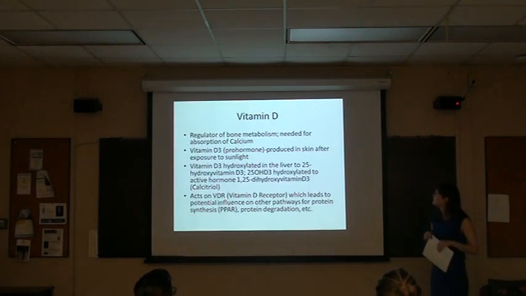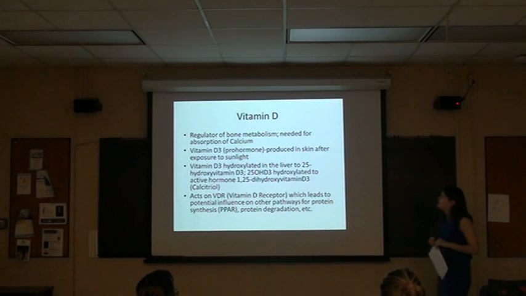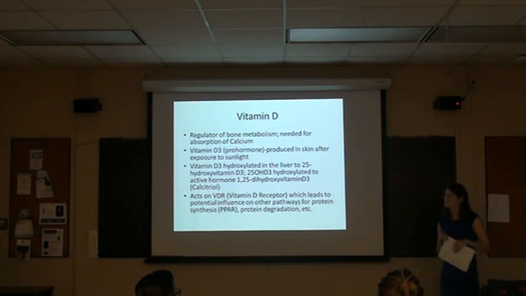Something is going on there. So what is vitamin D, why are we looking at it, and what is its purpose? It is a regulator of bone metabolism and it's needed for absorption of calcium. Vitamin D3, the prohormone, is produced in the skin after exposure to sunlight. We know we get vitamin D from the sun, and that's why it's important.